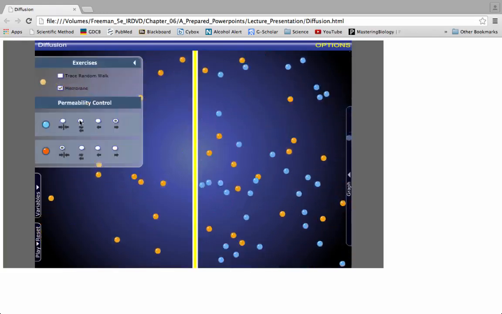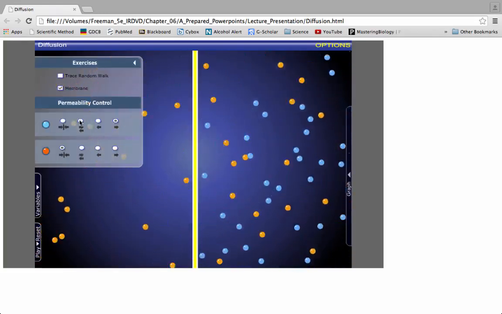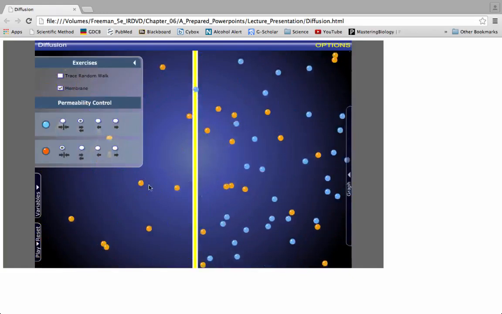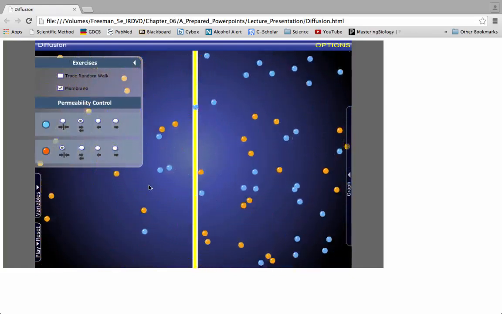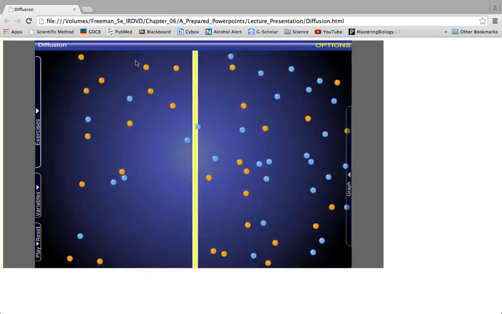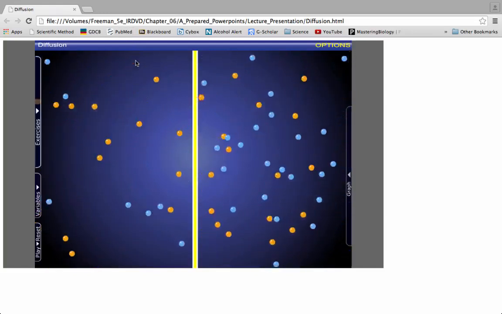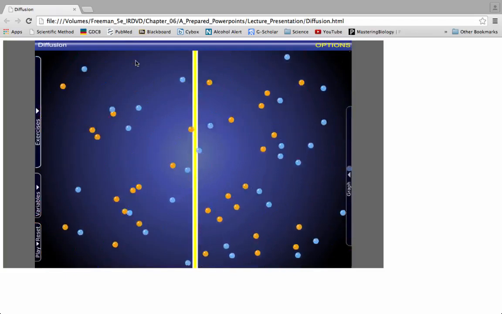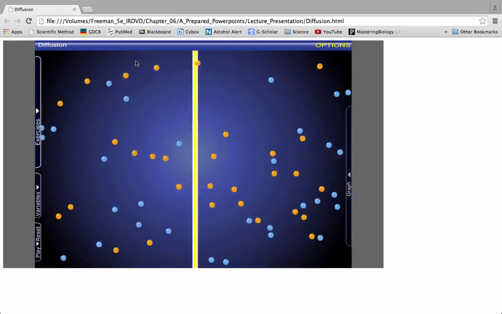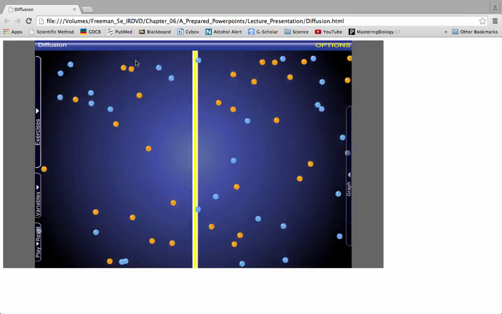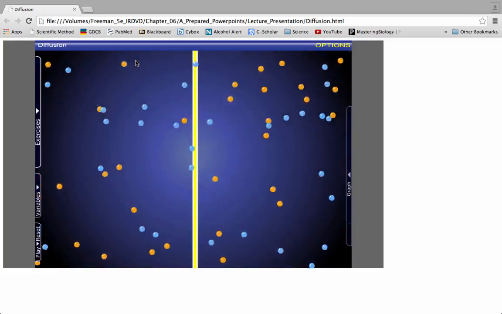And if we make the membrane such that the blue molecules are able to move across both sides of the membrane, then these blue molecules will spread out and diffuse across the membrane until their concentration reaches equilibrium.